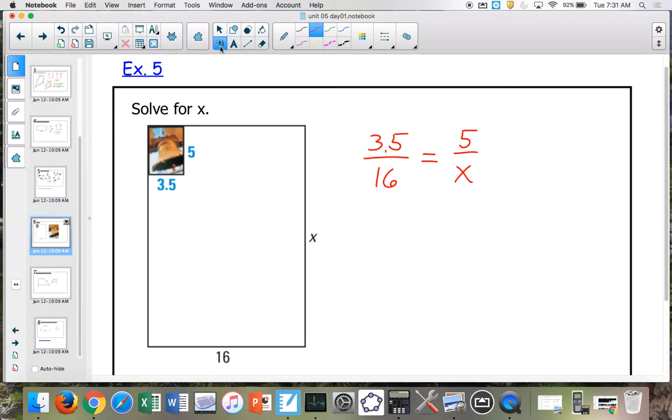Now to solve this, we're just going to cross multiply. And then solve the equation.